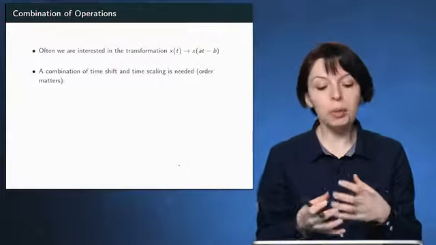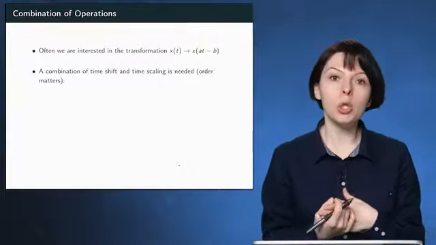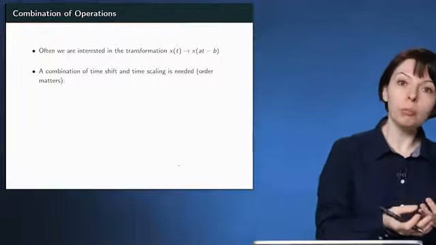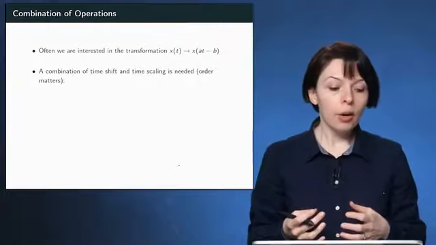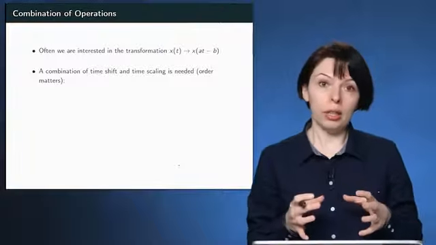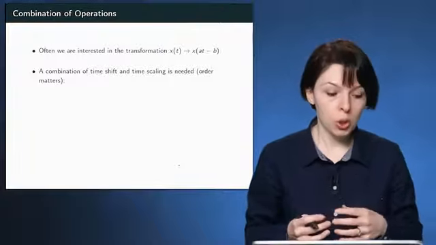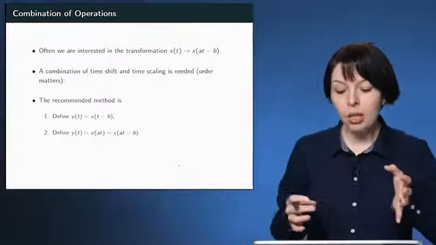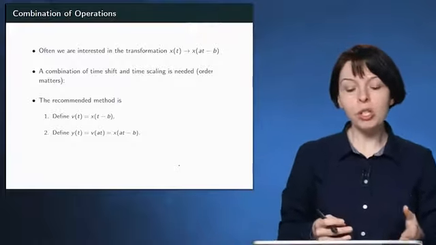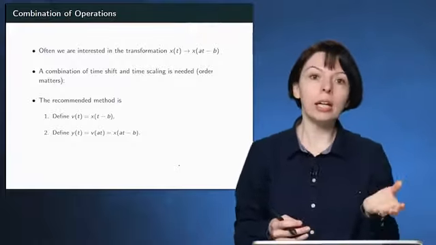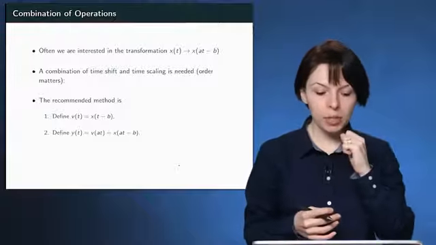When you have a combination of operations, dealing with both time shifting and time scaling, the order in doing these operations matters. So the recommended method is to first do the time shifting, then the time scaling.